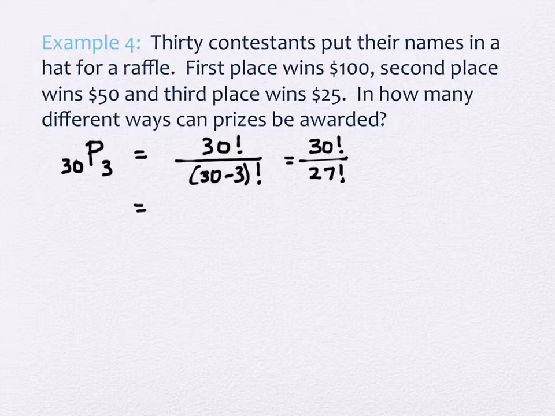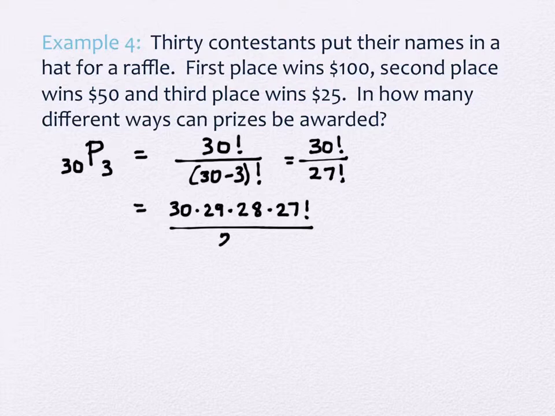So I'm going to write 30 times 29 times 28 times 27 factorial over, I don't want to write this one out at all, right? 27 factorial. They match. It's good news.